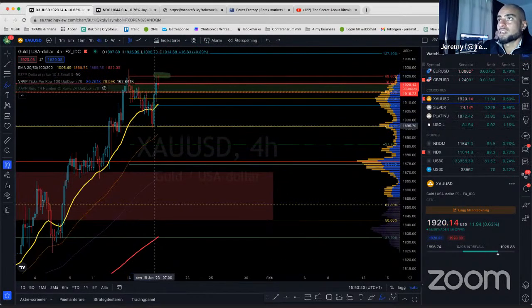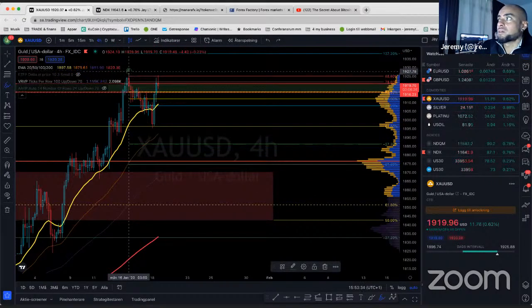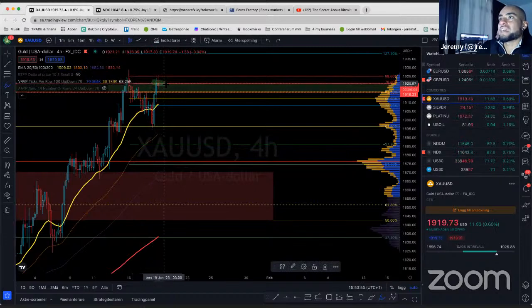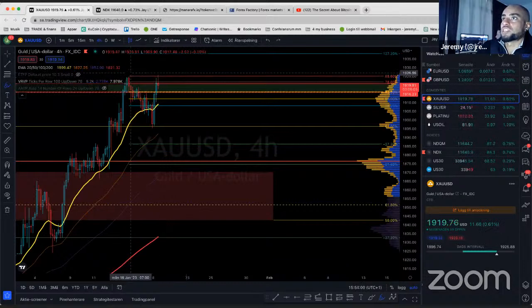All right, so the market went up here to almost 1930 US dollars, retraced to about 1896 and shot up again, right? But now we're facing resistance at the 78 until the 88.6 retracement level of this swing.